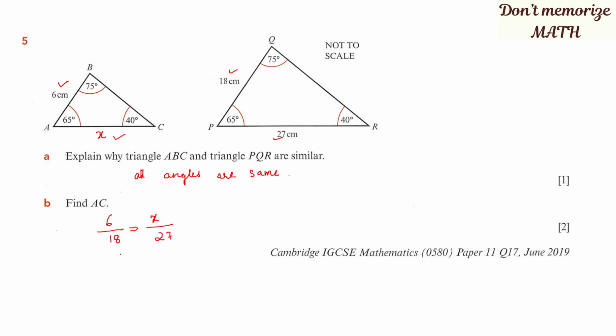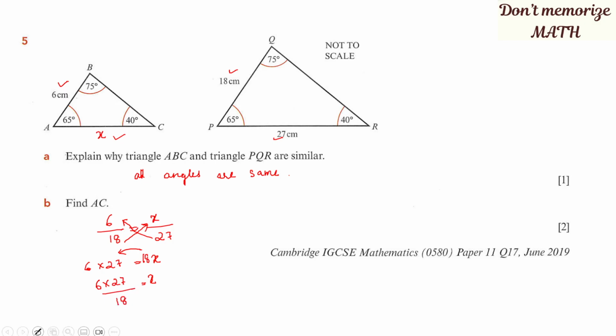Then cross multiply: 6 times 27, and this one I will multiply here, so 18x, or x times 18. So we can find x by moving 18 to the left side. When you move 18 it will become division. x equals 6 times 27 over 18.